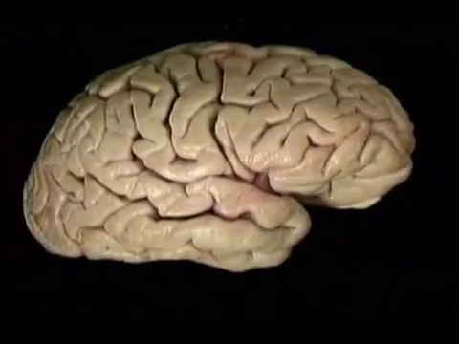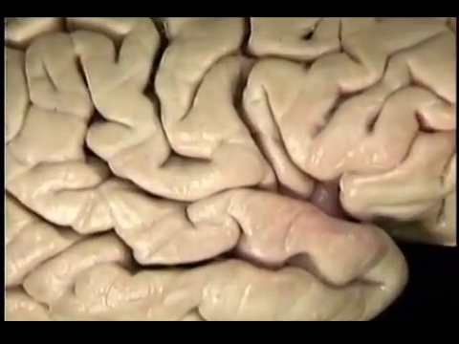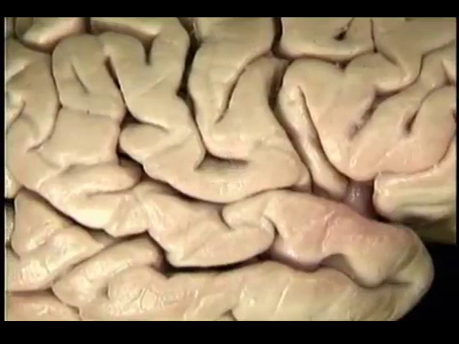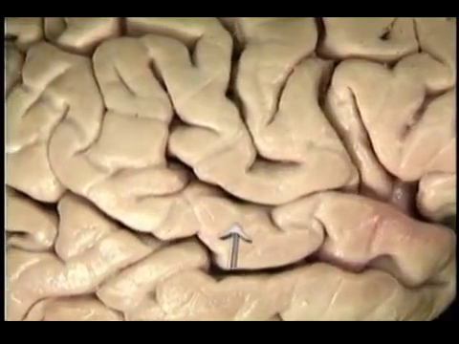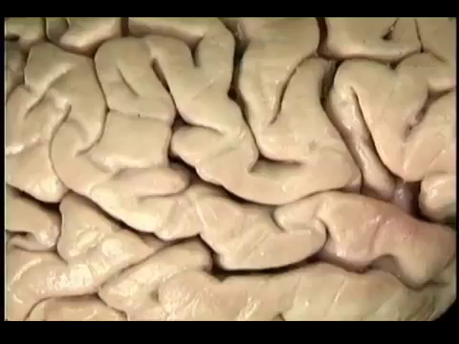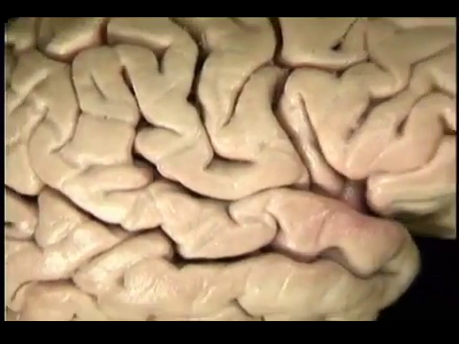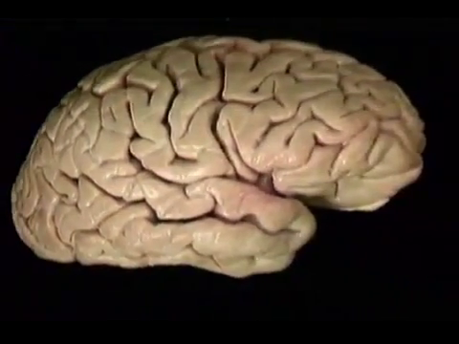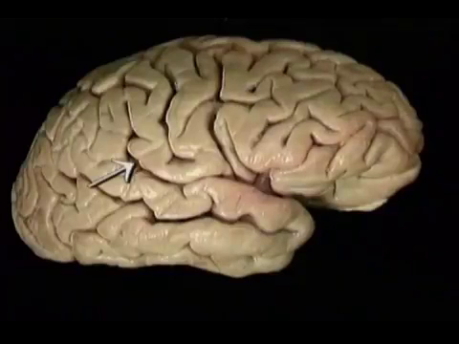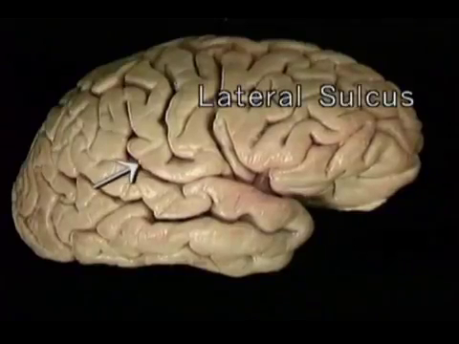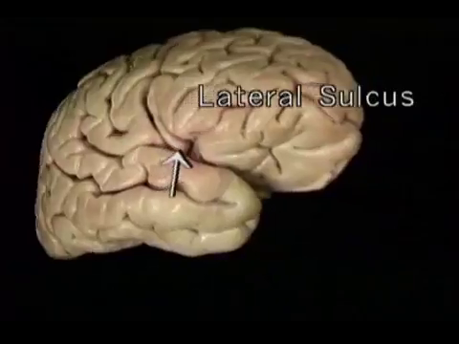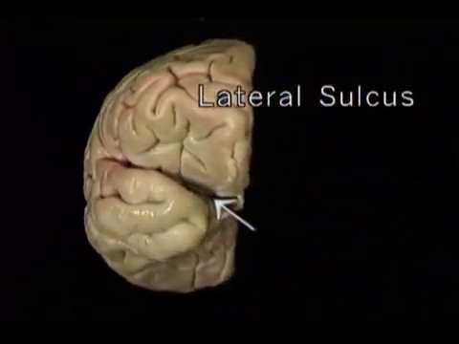The surface of each cerebral hemisphere is richly folded. Each inward fold, or sulcus, and each outward fold, or gyrus, has a name. But here we'll name only two, the central and the lateral sulci. This is the lateral sulcus. It's very deep. It extends all the way round to here on the underside.